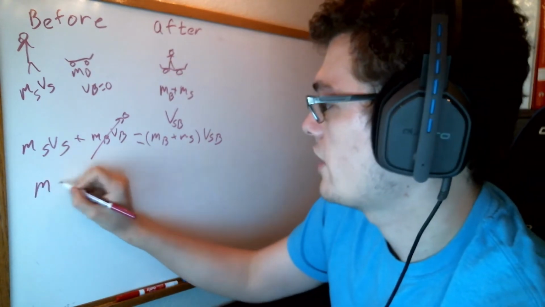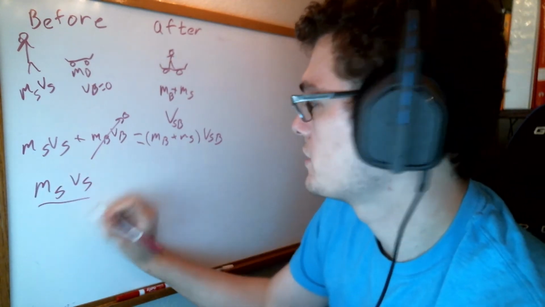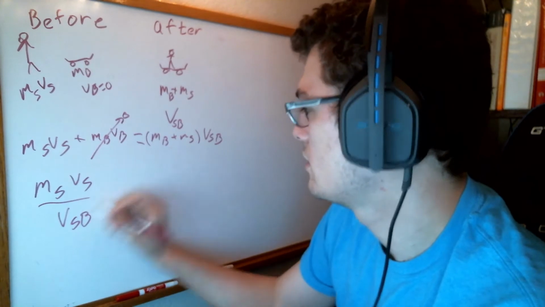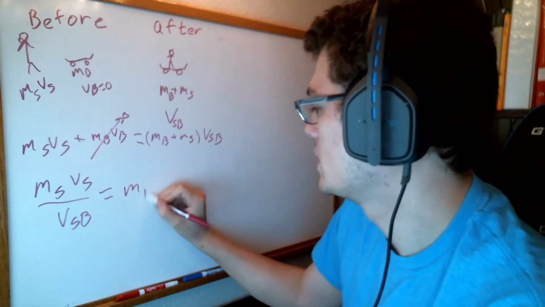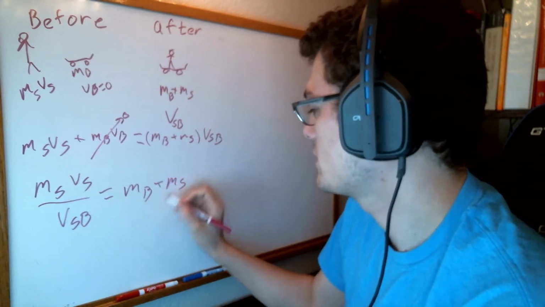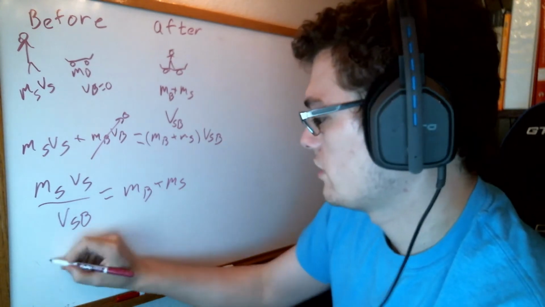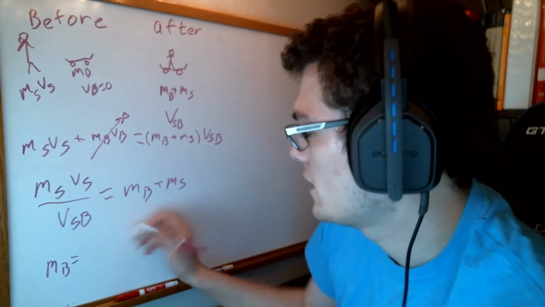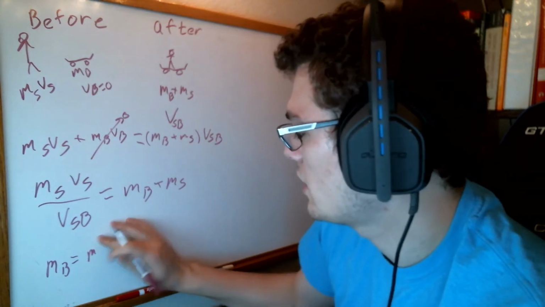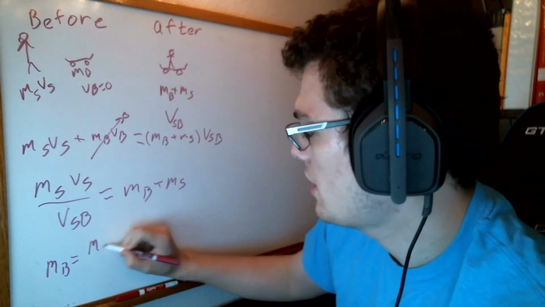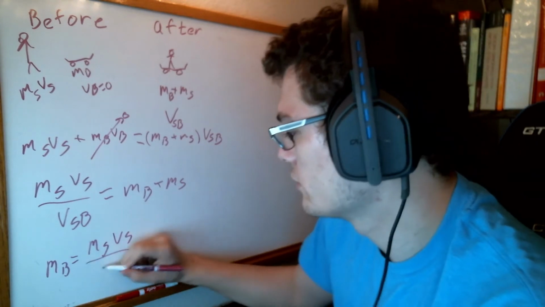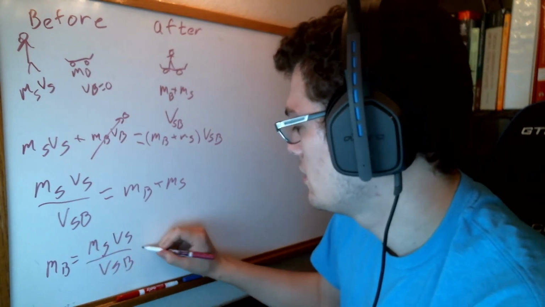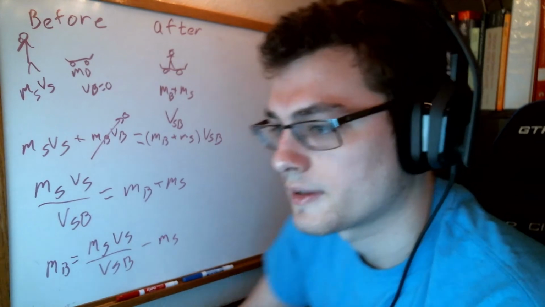So then we have ms vs over vsb is equal to mb plus ms, and then we solve for the mass of the board, and so that's going to give us ms vs over vsb minus ms.